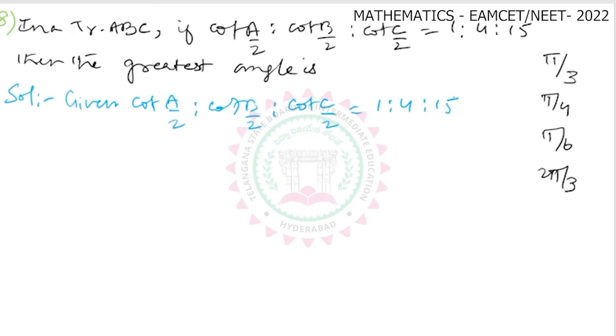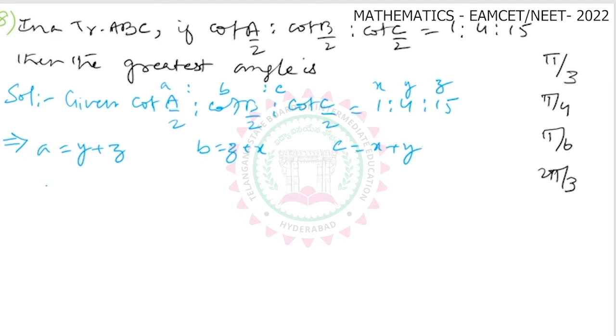If I consider this as x, this is y, and this is z, and suppose these are the sides A, B, and C, then there is a formula: A is equal to y plus z, B is equal to z plus x, and C is equal to x plus y.